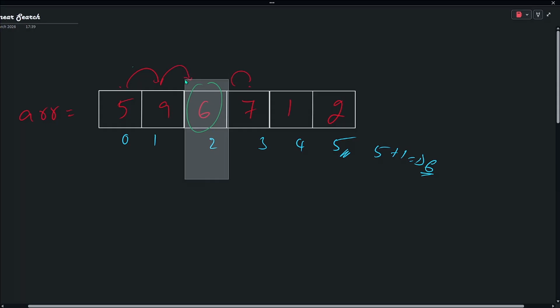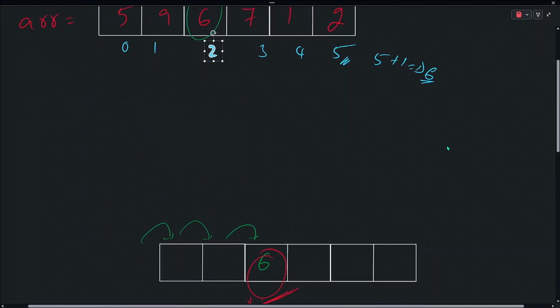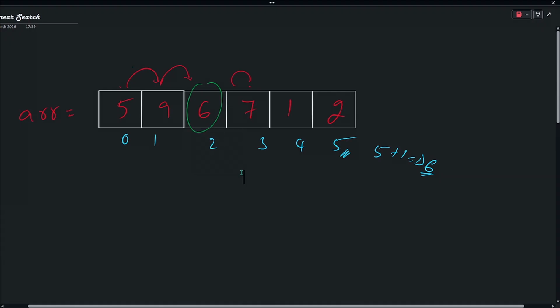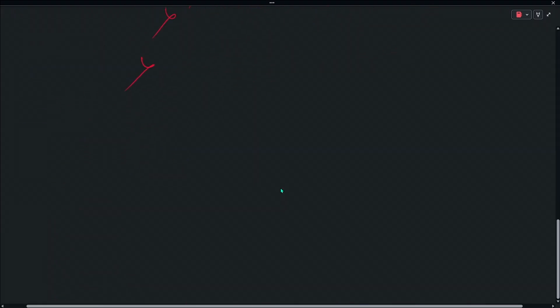So I'm just going to print the element and the index that it's located at, which is 2, right? Which is over here. So it's located over there, and then it's going to just break, instead of traversing more and wasting the compute energy of the computer, which would not be good, right?